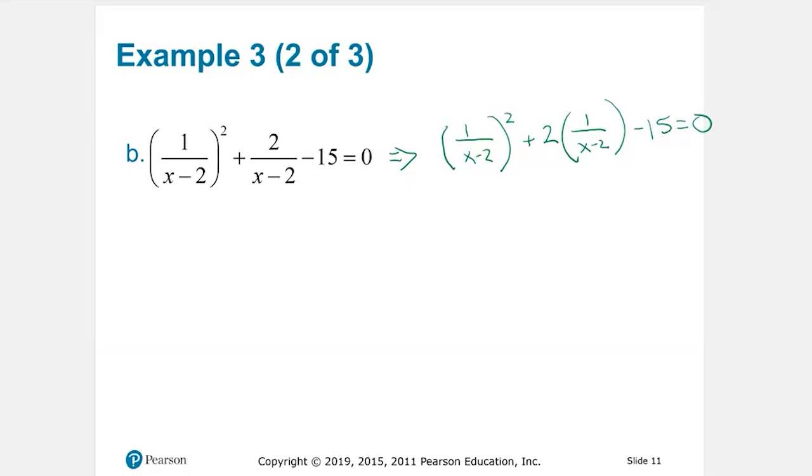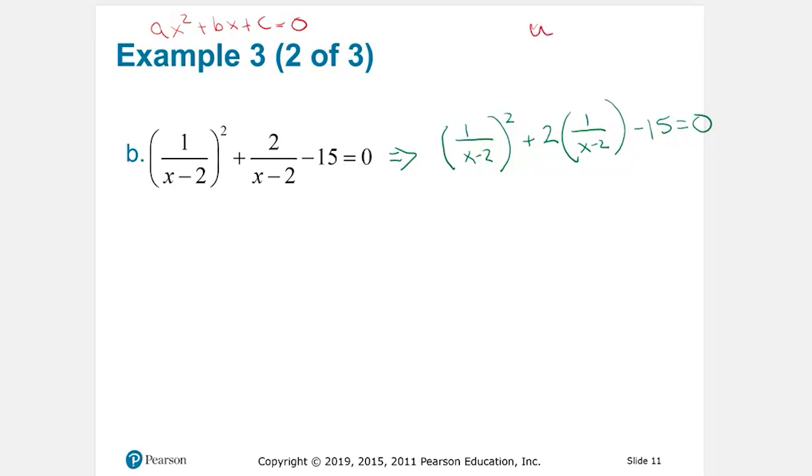So now I look to see what, normally I should have ax squared plus bx plus c equals 0 to solve a quadratic. I really want to find what my x is. And I can see here that 1 over x minus 2 is squared over on the first term.